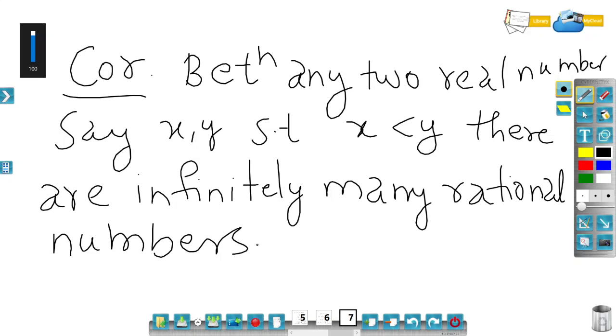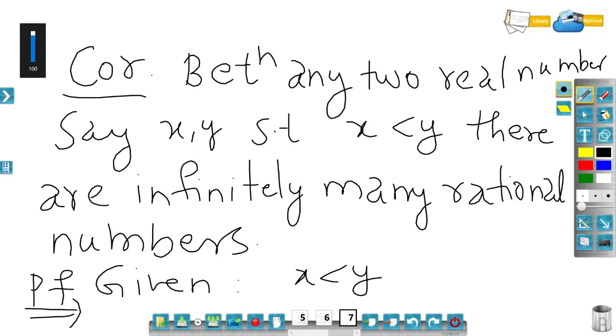The density theorem guarantees the existence of one rational number. Now here I am saying there are infinitely many rational numbers. So the proof goes as follows. It is given that x is less than y, and x, y belong to the real numbers.